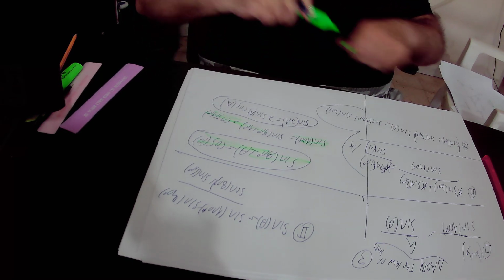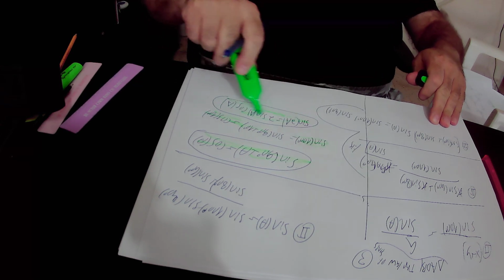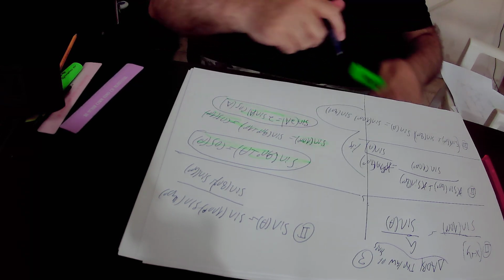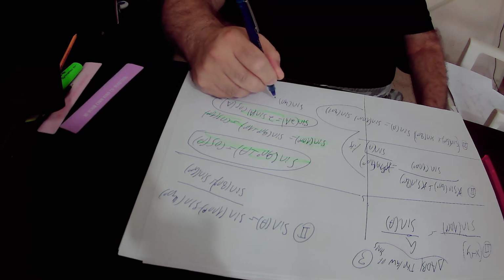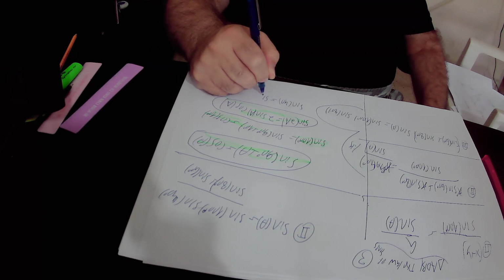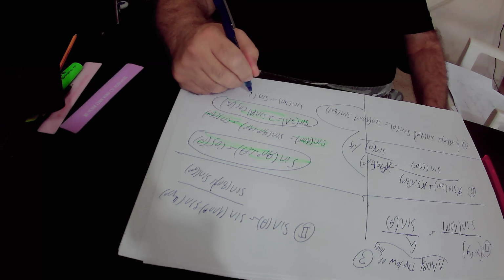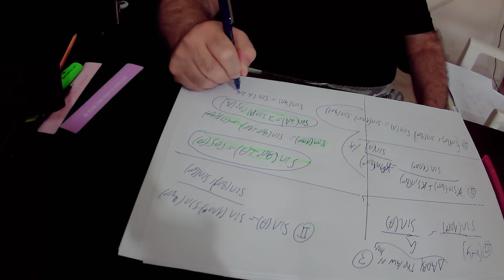Okay, here, what is sin 40 degrees? It is actually, 40 degrees is 2 times 20 degrees.